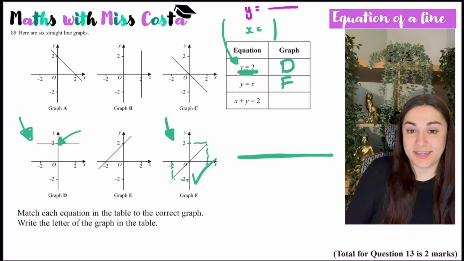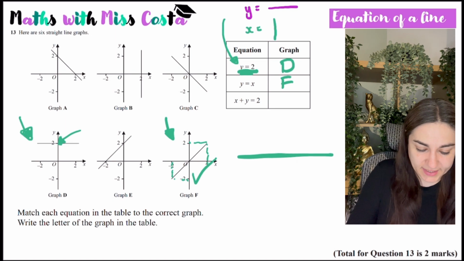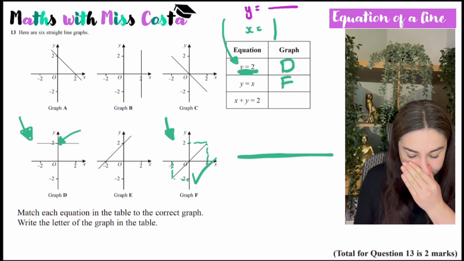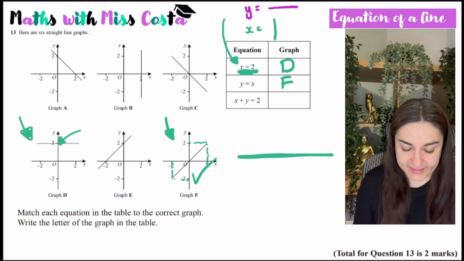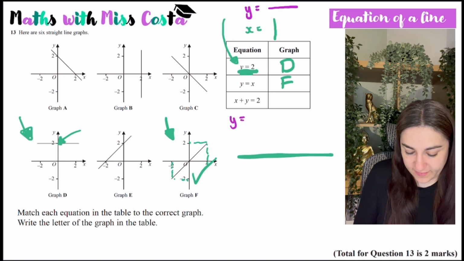The next one is a little bit trickier, but again, we can apply the same logic. So I'm told that x plus y equals 2. Either I could rearrange it so that I get y equals minus x plus 2.